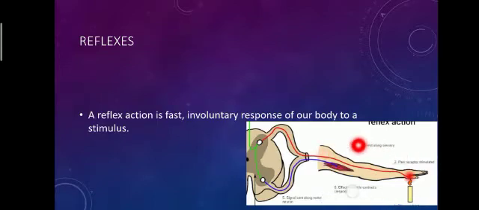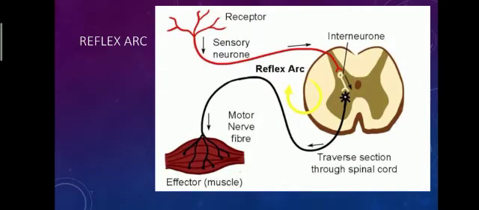The impulse is sent to the spinal cord, and then the response is decided by the spinal cord and given to the muscles, and the muscles of the hand respond to withdraw the hand from the flame. So here we can see that reflex actions are mostly controlled by the spinal cord. There is no involvement of the brain.